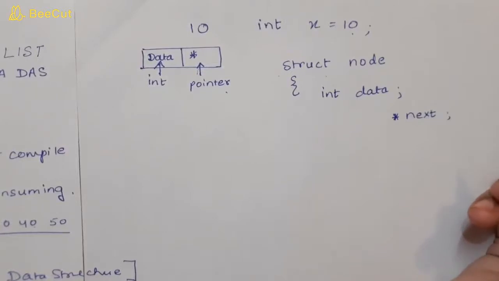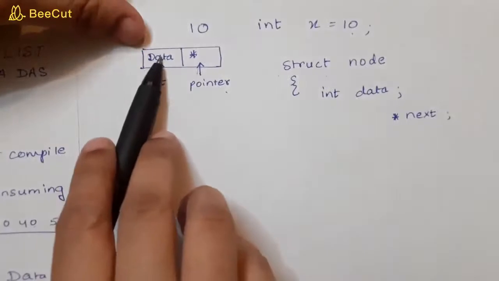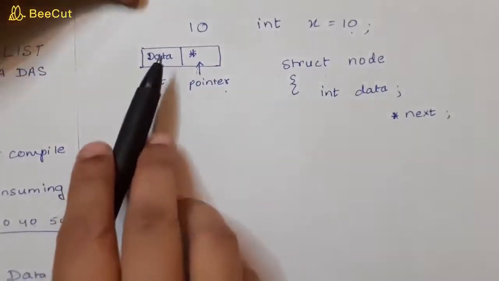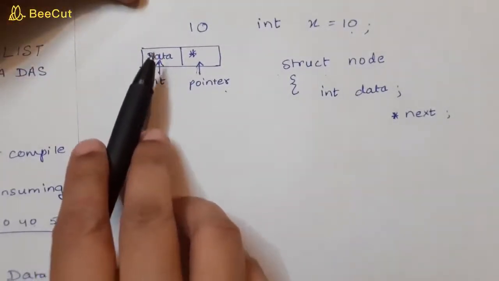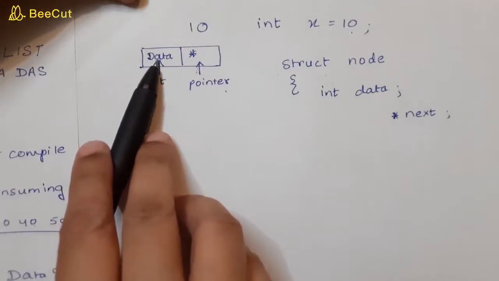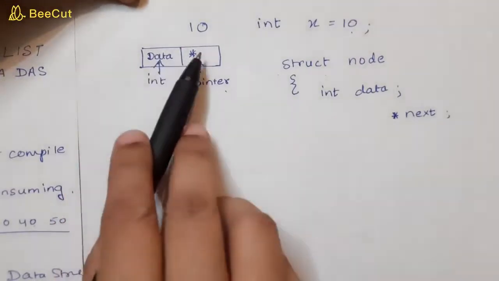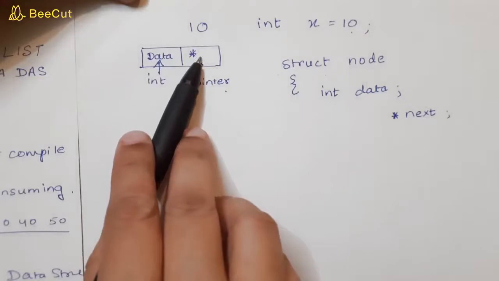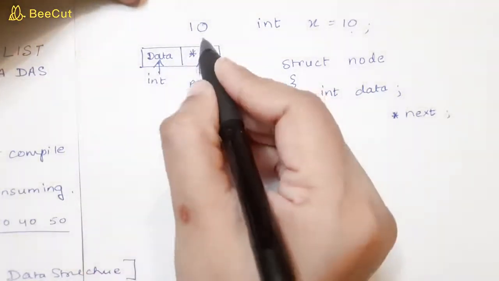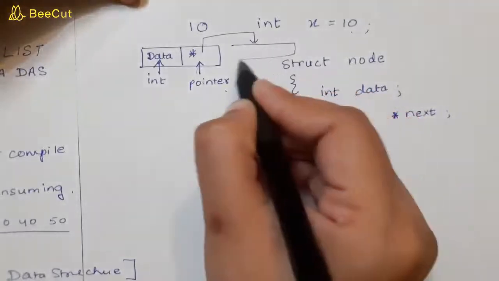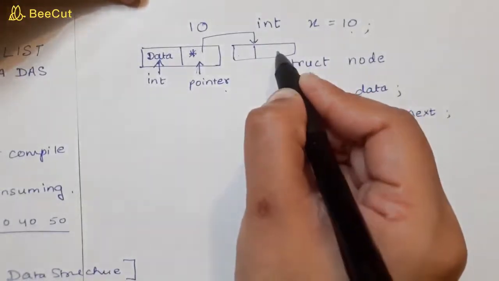Now what will be the data type of this next variable? The data type of the first field is integer, because I'm going to store an integer value in that field. Now in this field I'm going to store an address. Address of what? Address of any other node, which will be of the same type.